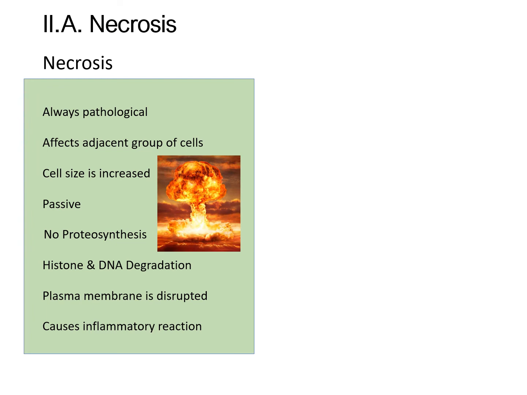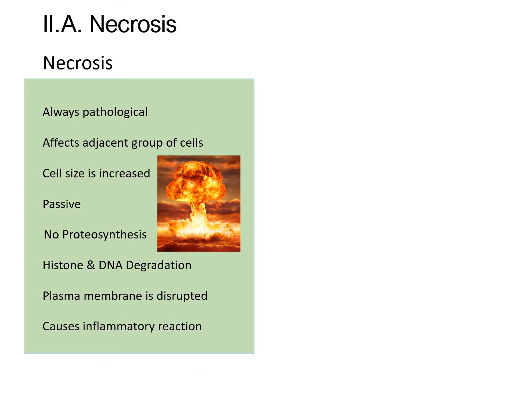Here, there are some other basic characteristics of necrosis. Necrosis is always a pathological pathway, and it affects not only the cells that initiate the necrotic pathway, but also adjacent groups of cells.